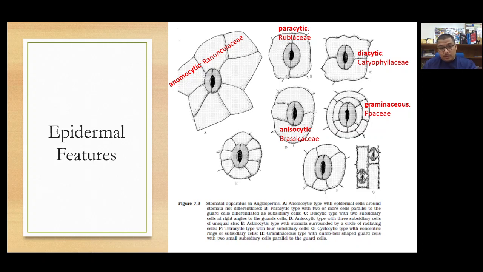But all the stomatal features, however, are not always reliable. For instance, in Streptocarpus, the cotyledon have anomocytic, while the mature organs have anisocytic stomata. So it depends on the species that you work on. You need to be very careful in looking at these characteristics.